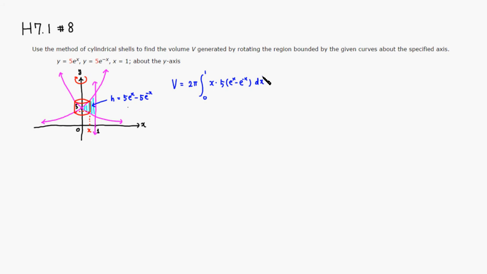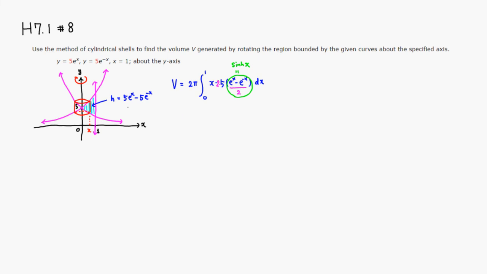If you want, we can turn this into hyperbolic sine. Remember, e to the x minus e to the negative x, if we divide by 2 and multiply by 2, so I'll squeeze a 2 in there, so it's 2 times 5, then this is the hyperbolic sine of x.